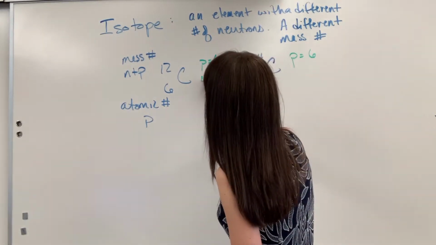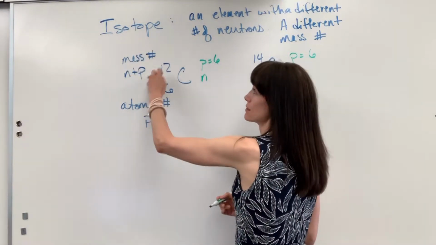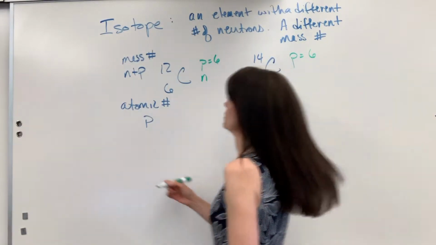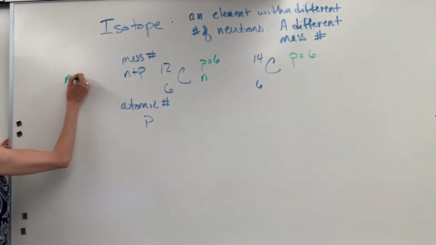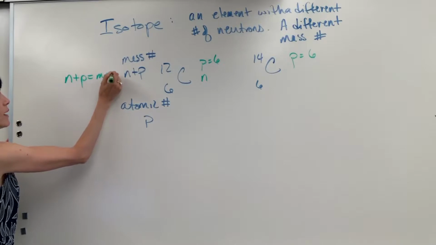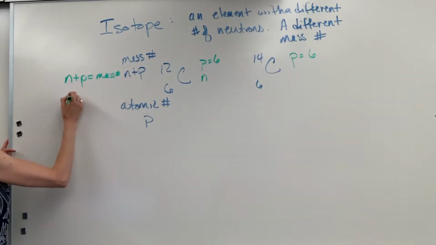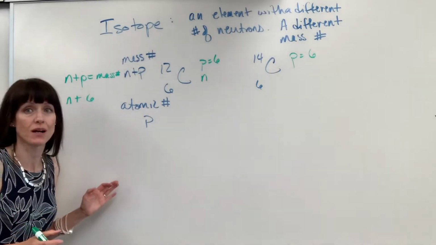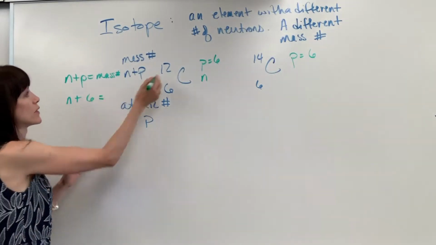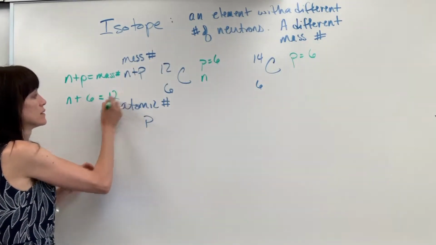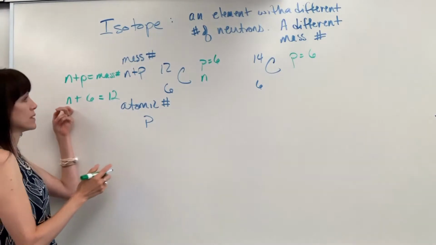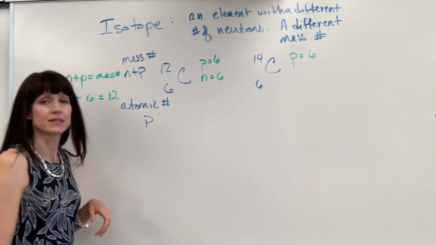Now for the number of neutrons, I can use this little formula right here. Neutrons plus protons equals mass number. So neutrons plus my 6 protons has to equal the mass number, which is 12. So that means we must have 6 neutrons.